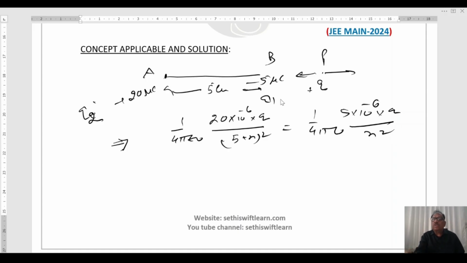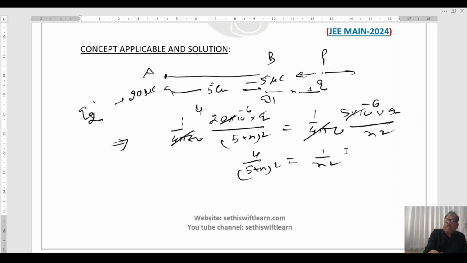Here x is measured from here. Simplifying, 4 upon (5 plus x) whole square equals 1 over x square.